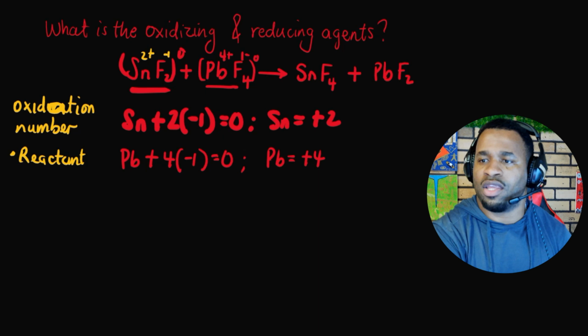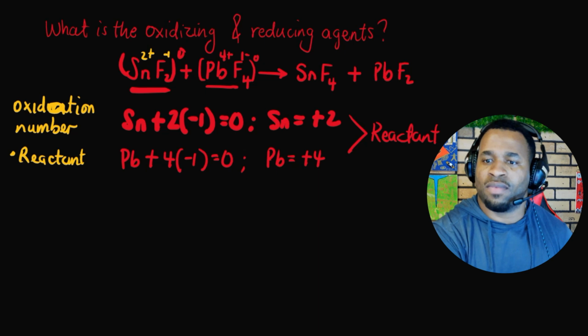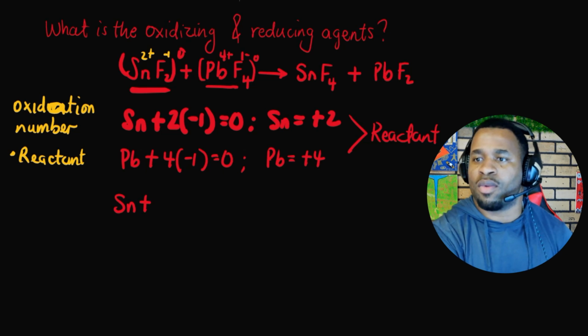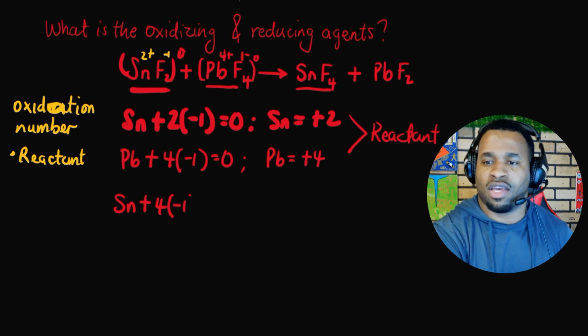We are done with the reactants, so for the product, let's see whether the tin ion is going to change. For tin, we add 4 fluorides, each with a charge of -1, and the net charge is equal to 0.